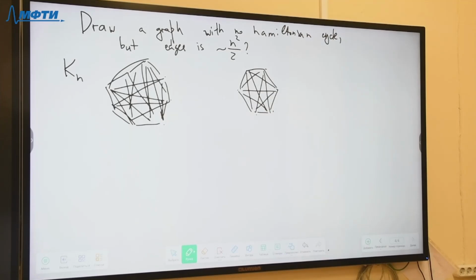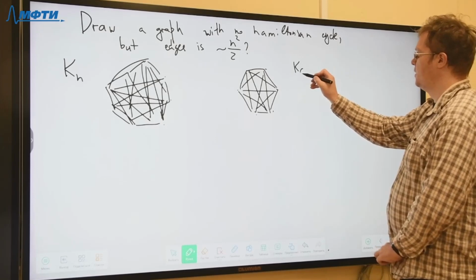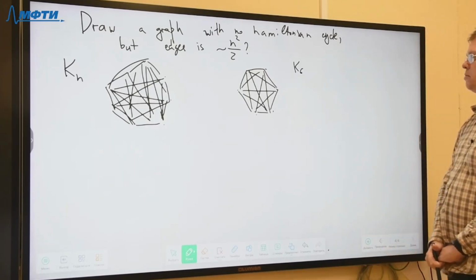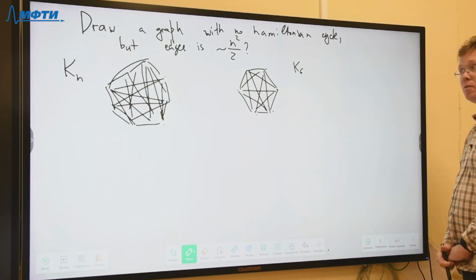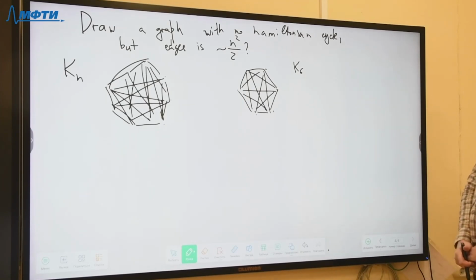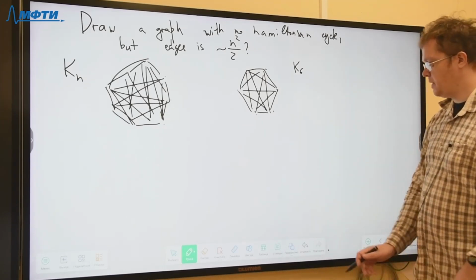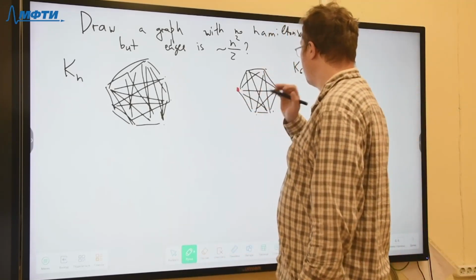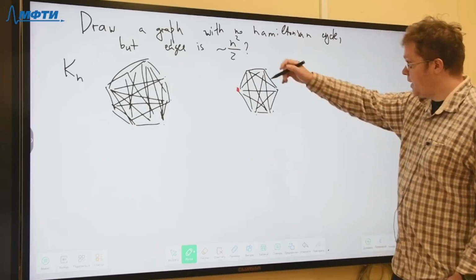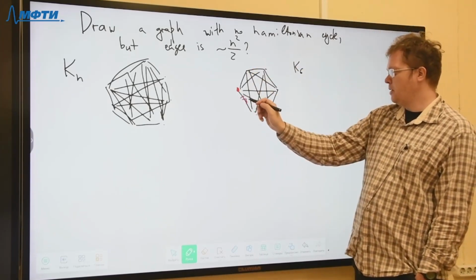So how many edges can be cut from the K6 such that it will have no Hamiltonian cycle? 4? Which edges do you need to cut off? Yeah, so the simplest idea is to take one vertex, and then we have 5 edges coming from it, and then we just cut 4 of them.